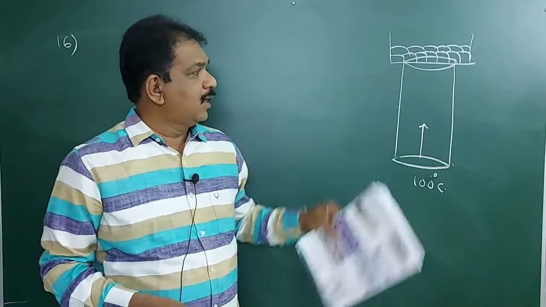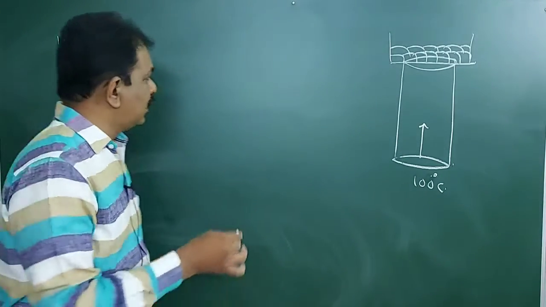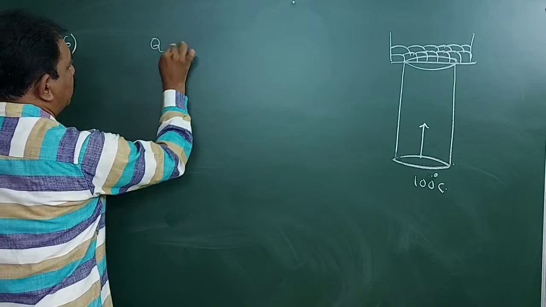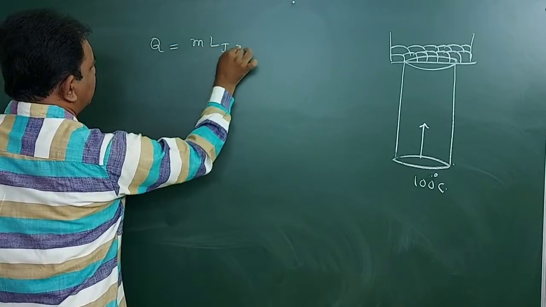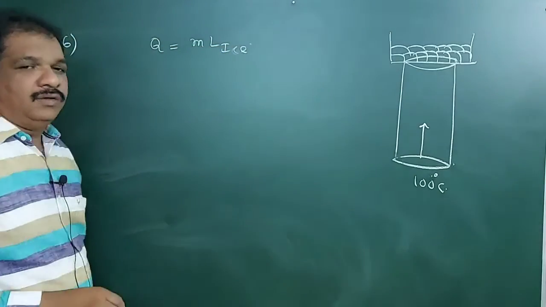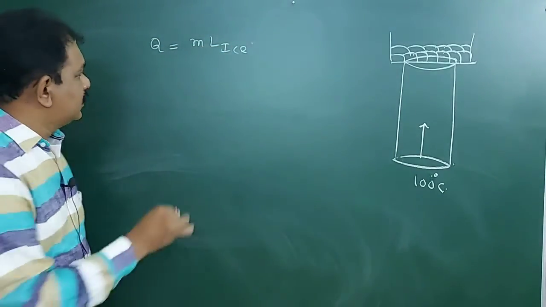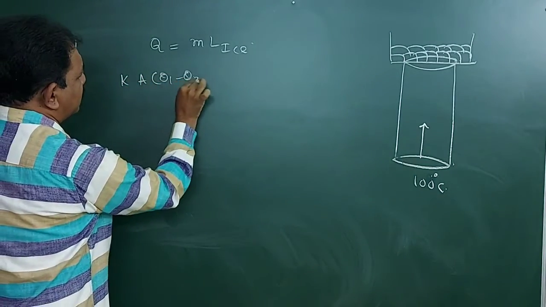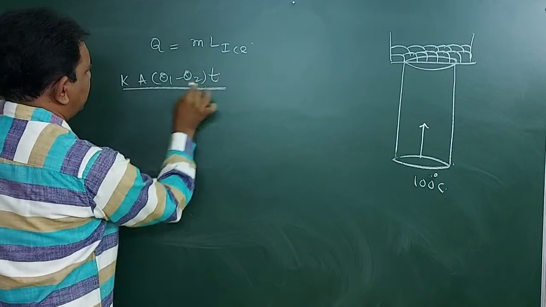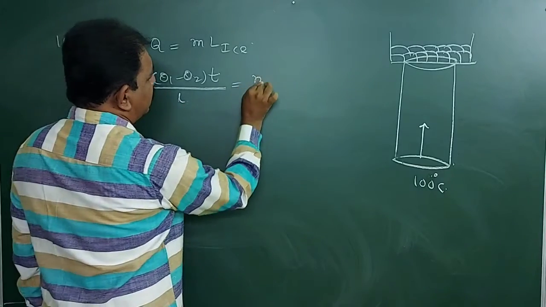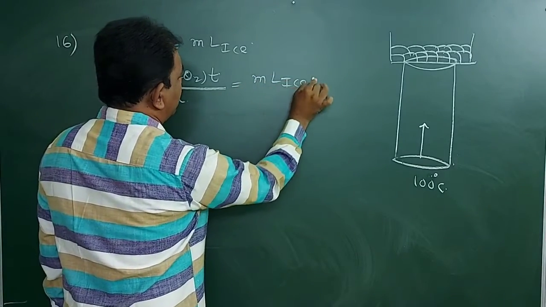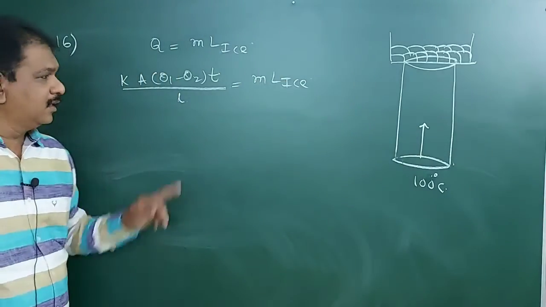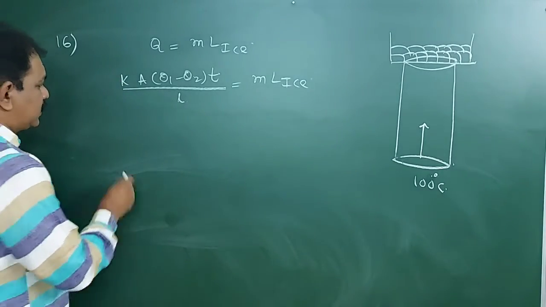What is the thermal conductivity of this slab? So the amount of ice melted, Q is equal to M into L of ice. This is K A (theta 1 minus theta 2) t by L is equal to M into L ice. They are asking the K value.